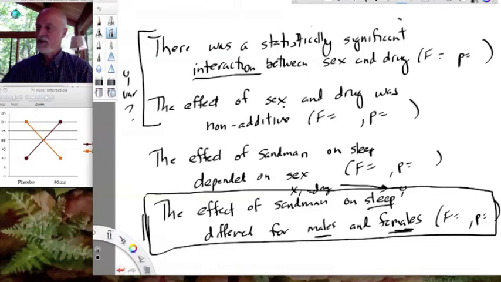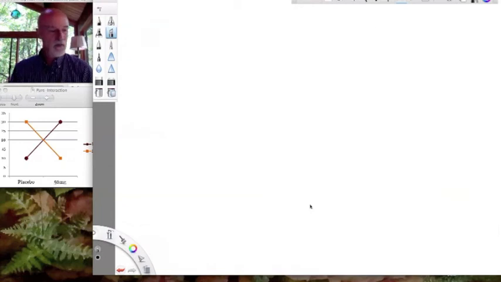Now, I want to contrast that a little bit with a different kind of experiment. So, for example, let's imagine that our y variable was something like gene expression. Okay.